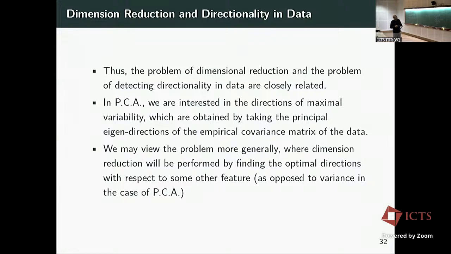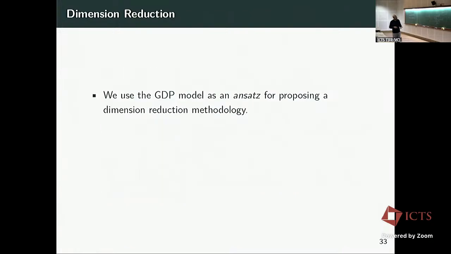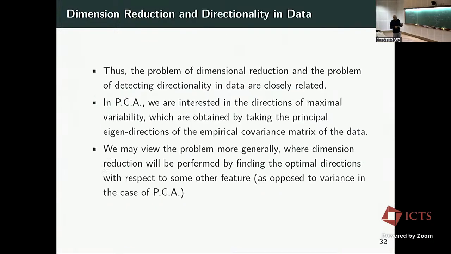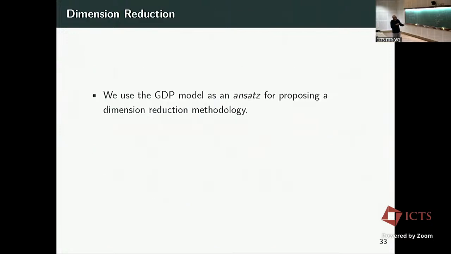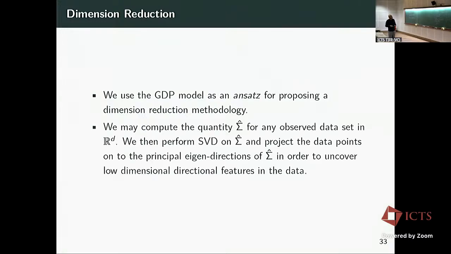So you can take the PCA based methods and replace variance by some other feature. If you replace variance, for example, by the strength of correlation or repulsion, you are naturally led to something like a determinantal model. In particular, we use the GDP model as an ansatz for proposing a dimension reduction methodology with a particular view towards clustered data, because this is the kind of application we want to think about in this setting.